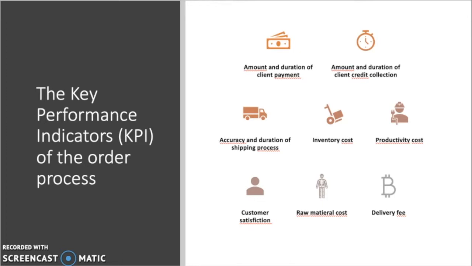Then it's productivity cost. Does the manufacturing team manufacture the exact number for the order, or do they save raw material costs, or do they produce more items in the same period of time as before?